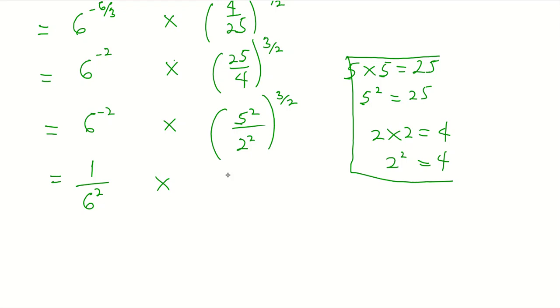So at the end we have 5 exponent 2 times 3 out of 2, divided by the same exponent is going to affect the base and the exponent in the bracket. So we have 2 exponent 2 times 3 out of 2.